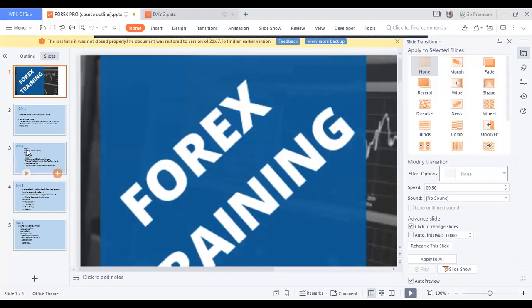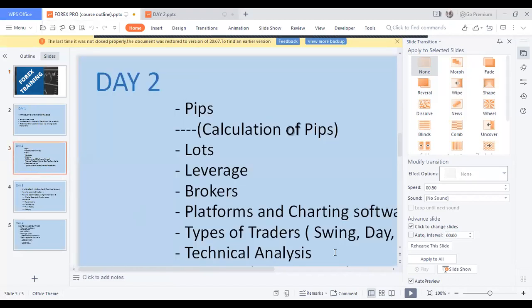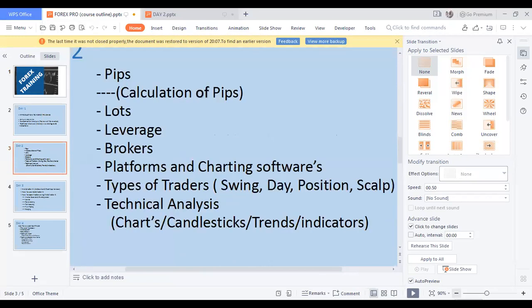And what do you think we are having for today's program? Like I told you, today we'll look into pips. After we look into pips, we look into lots, leverage, brokers, platforms, and charting softwares.